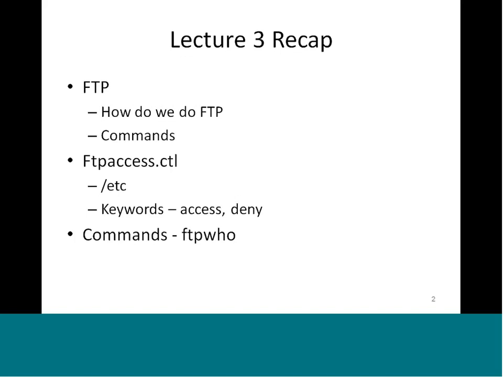Here we use several keywords: access, deny, read only, write only, things like that, to make sure that whoever is connecting to do any kind of FTP activity has all the permissions he or she needs to do the file transfers. Then we also learned some administrative commands like ftpwho, ftpcount, and the ping command that we already know about, to see how we can transfer effectively.